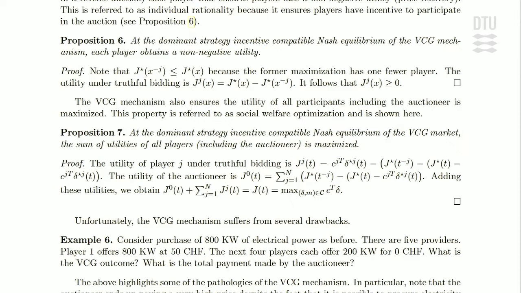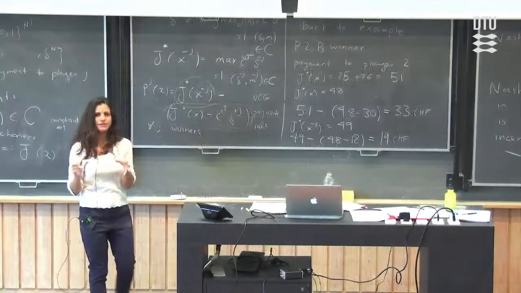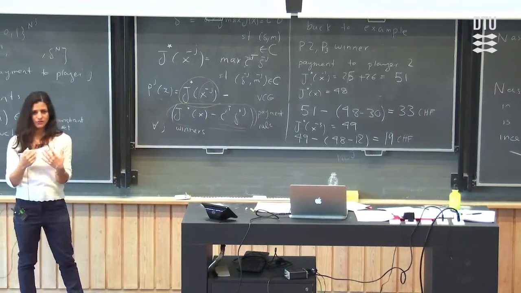At the Nash Equilibrium, the utilities of all players are maximized. So VCG also has the property that it maximizes social welfare. That's called social welfare maximization. I'll briefly comment about that. Just give me 1 second. And VCG is known as the only mechanism that satisfies all these properties.